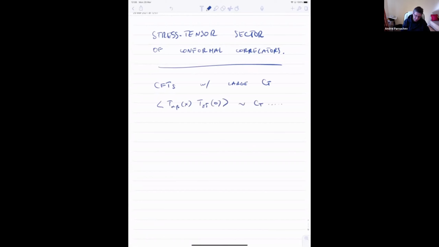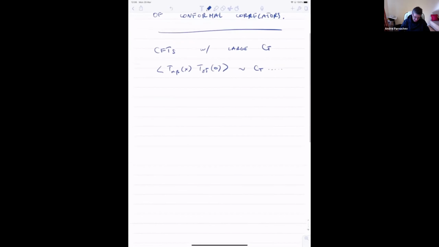And there is some index structure, so the coefficient that appears there is what I call CT. Most of what I'm going to say is going to concern CFTs in spacetime dimensions d greater than 2. But as an introduction, I'll start by reminding you what happens in the d equals 2 case.